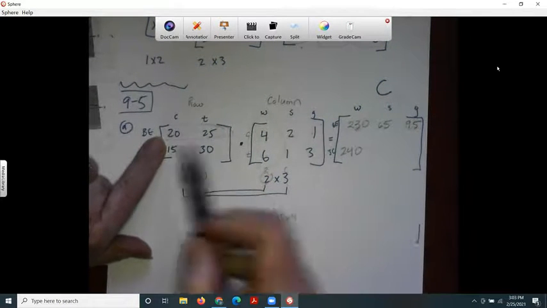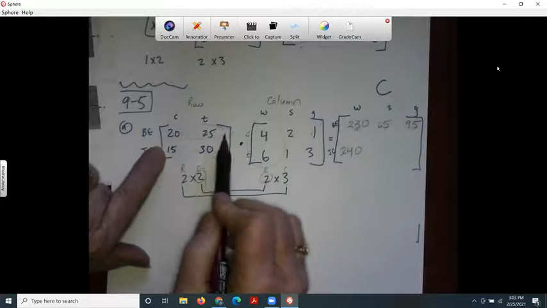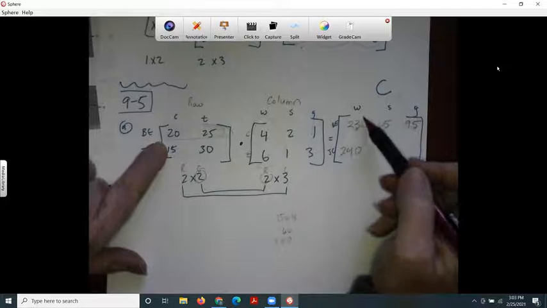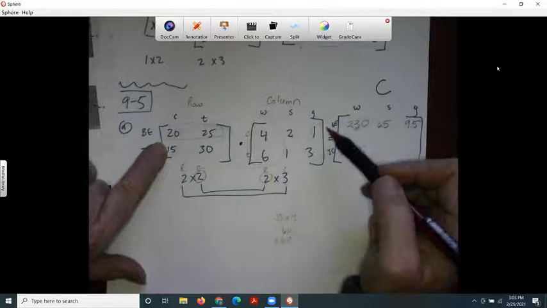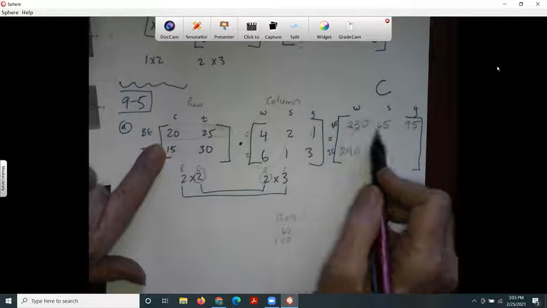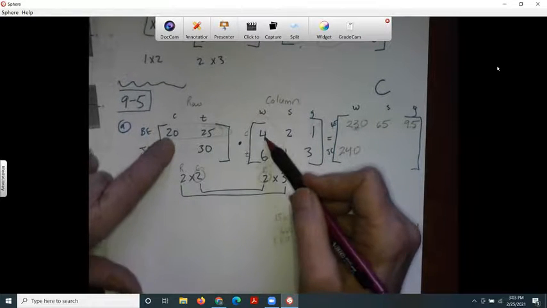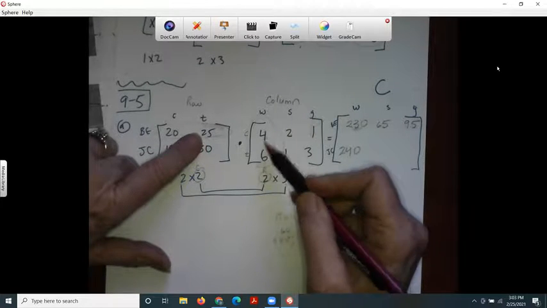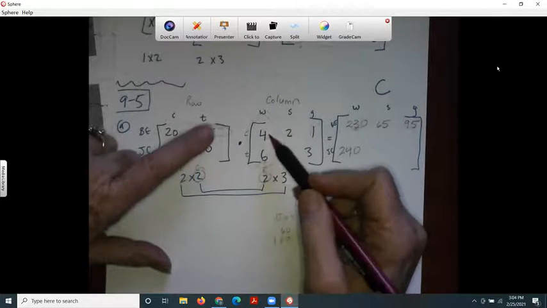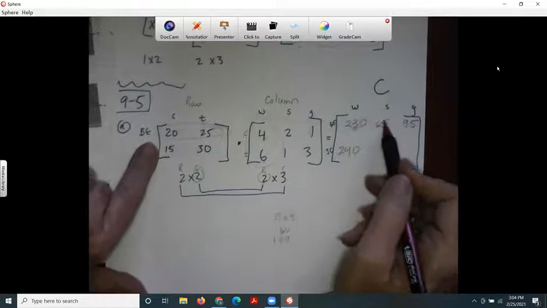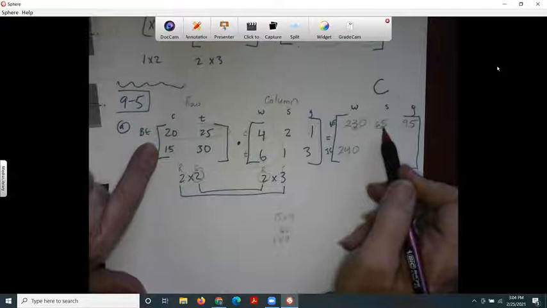To get this number, I had to multiply this row by this column. It makes sense because this is wheels, and that's wheels, and this is Bullseye. So I had to go 20 times 4, which was 80, plus 25 times 6, and we added those together, and that's how we got this. Then to get this number, this position is row 1, column 2.